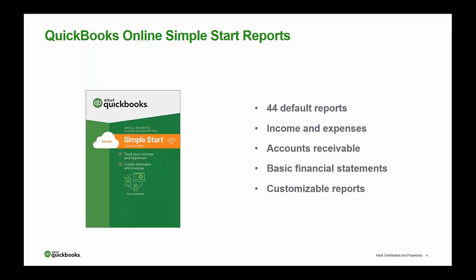But really for small businesses and double entry accounting, chart of accounts, things like that, and all the transactions available in reporting, it starts with Simple Start. So QuickBooks Online Simple Start, it doesn't have any accounts payable, right? You can track vendors, but no AP, right? And it doesn't have some other things you're going to see when we get to Essentials. But still, you might have some Simple Start clients.